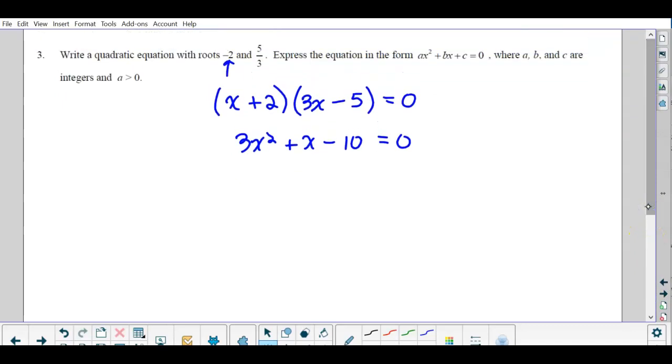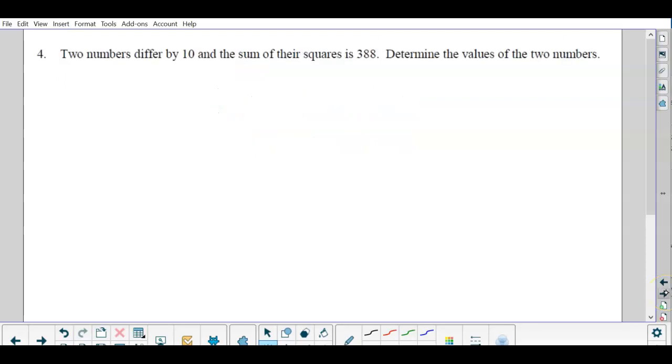So the next one is an application. So these applications, we're using quadratics, but rather than quadratic functions, remember for the function application, we were maximizing the revenue, or maximizing the area, or minimum product.